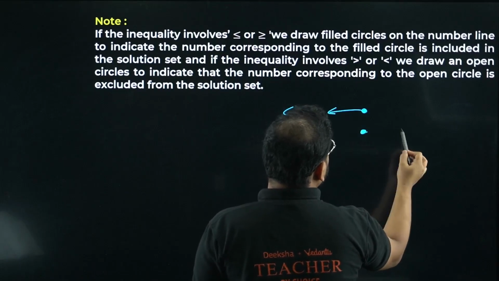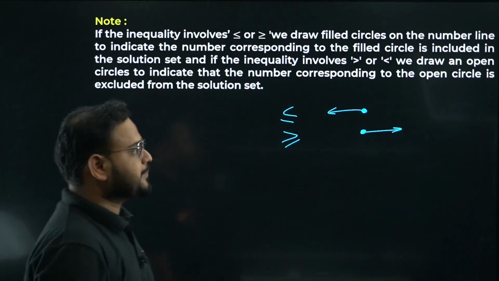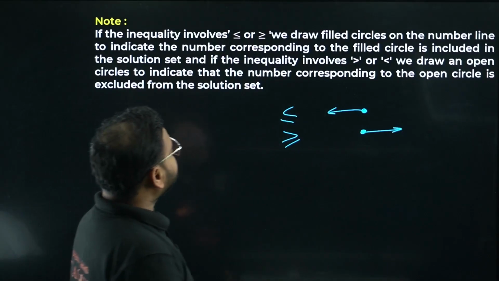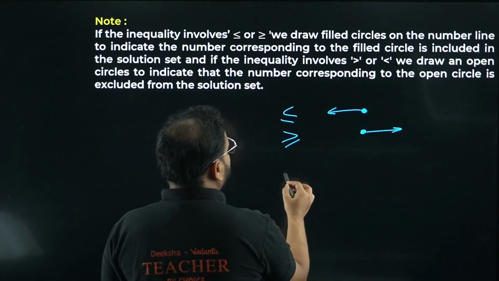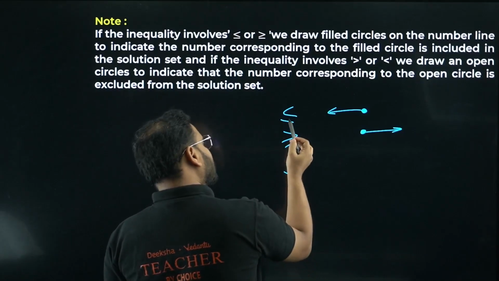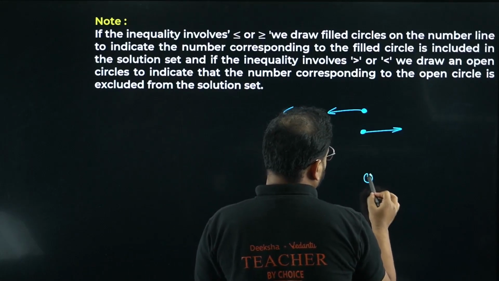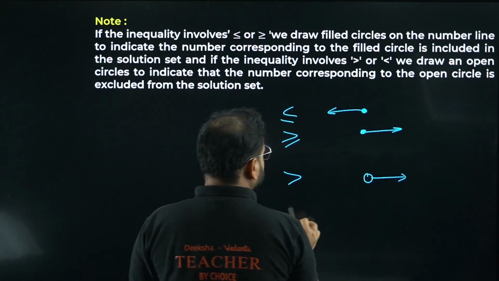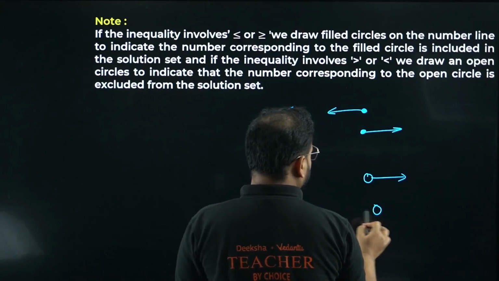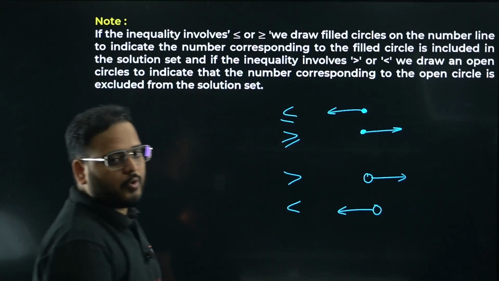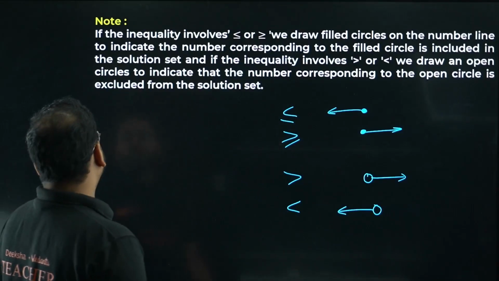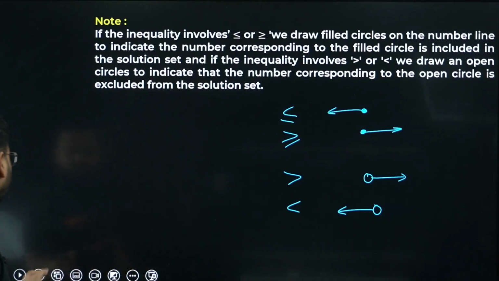And if you have only greater than, we'll write here, please check, open circle. Less than also means open circle. Got it or not? Yes. I have already explained this to you. I'll move on to questions now.